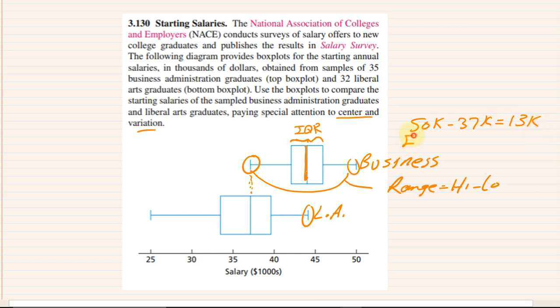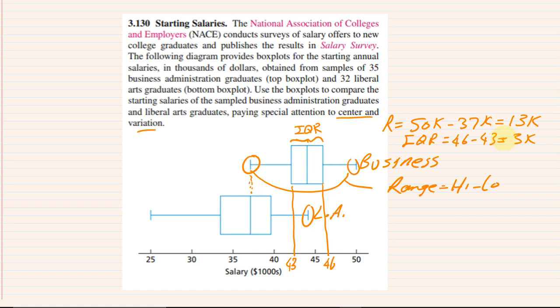The IQR, the interquartile range, the middle 50% of salaries for business majors, lies between these two numbers, which is about 43 to 46,000. So I'm just guessing these out, right? It's 3K. You see how it is less variable in the middle than it is on the outskirts, at the extreme points.